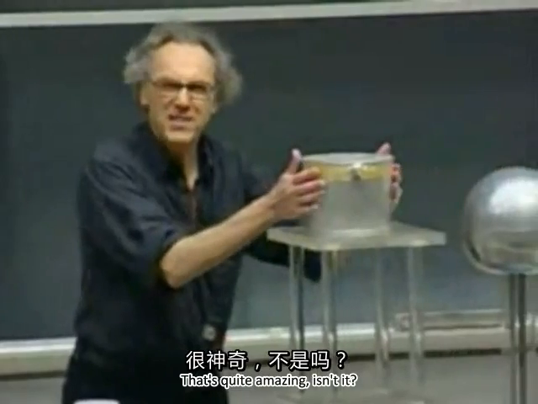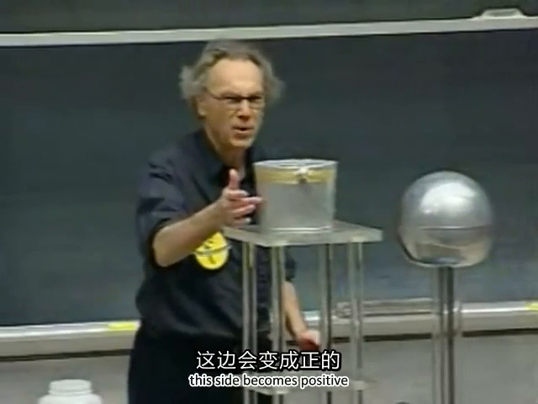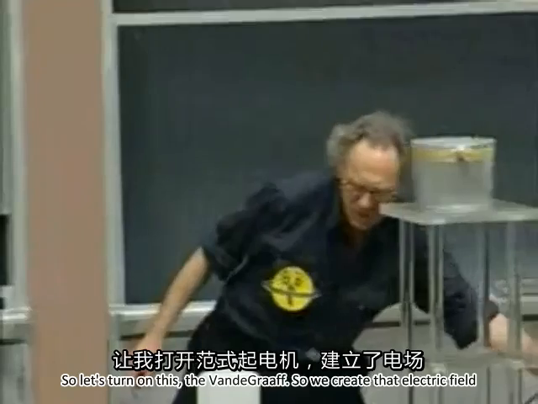That's quite amazing, isn't it? If this were positive, let's assume it is, then this side becomes negative, this side becomes positive, the whole thing is in equipotential, no charge inside. Quite amazing.